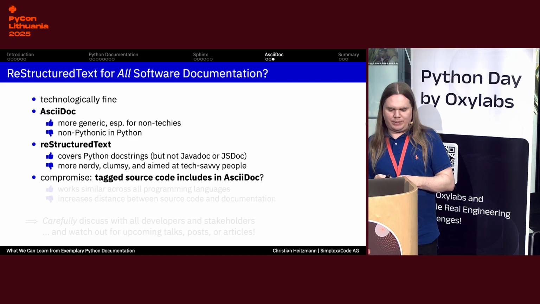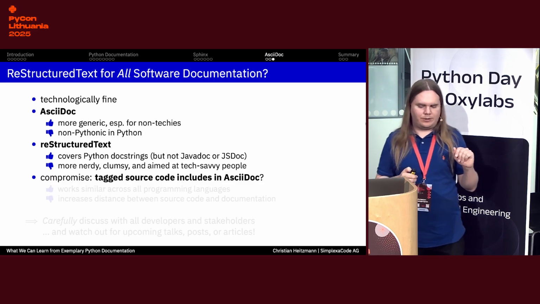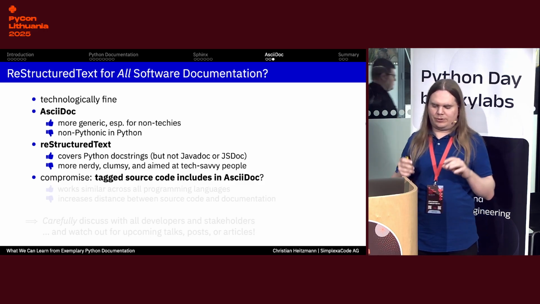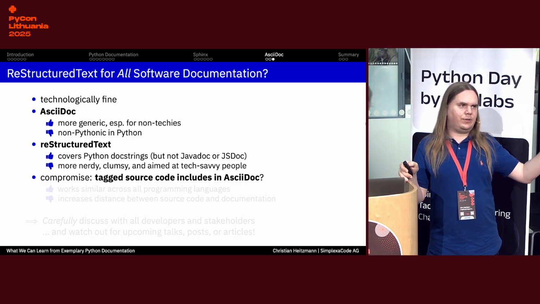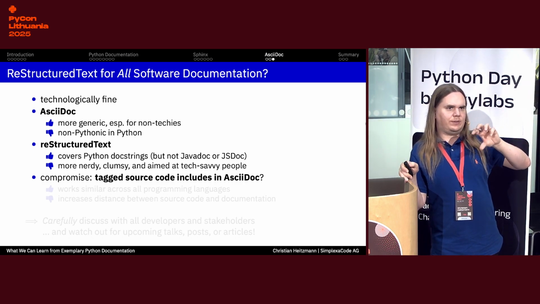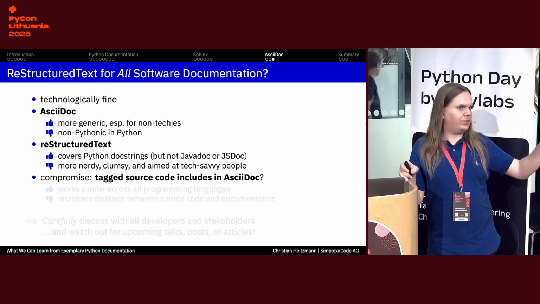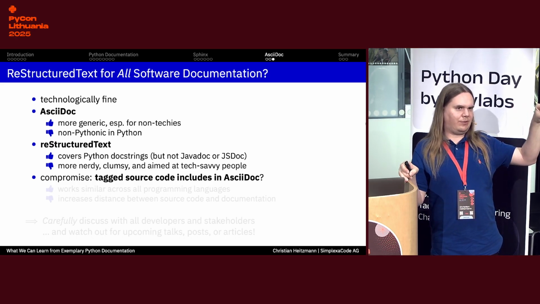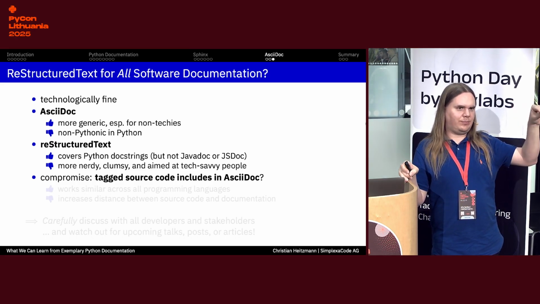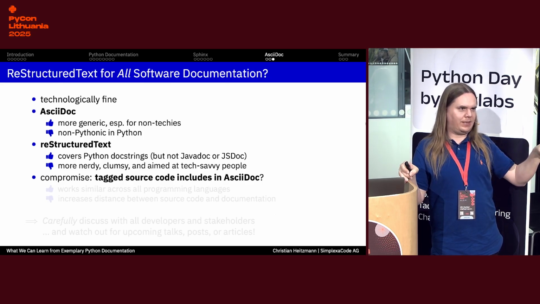Now, this is the big idea I have. What if we don't write doc strings at all, but we have external documents and we tag our source code and include the snippets? This is possible. So you have your source code, no matter if it's Python or Java or whatever, and you just write a tag, then you give an ID. You say begin ID and end ID.